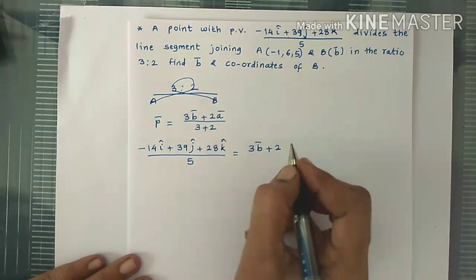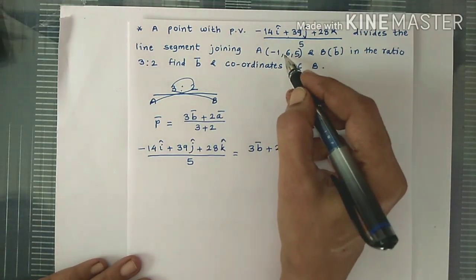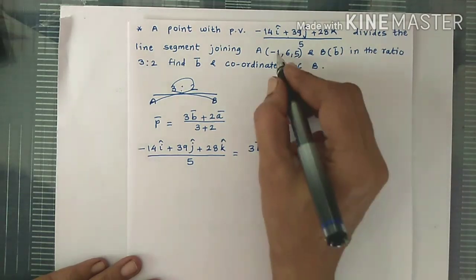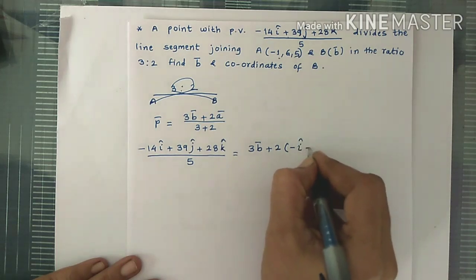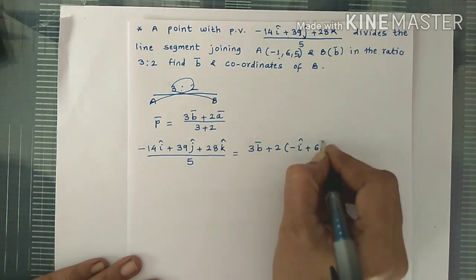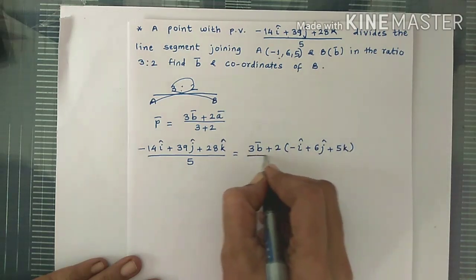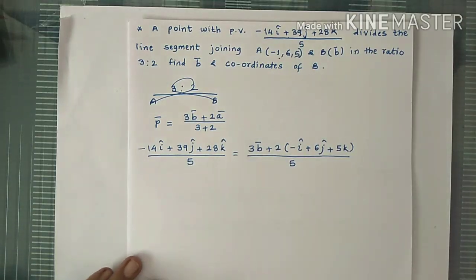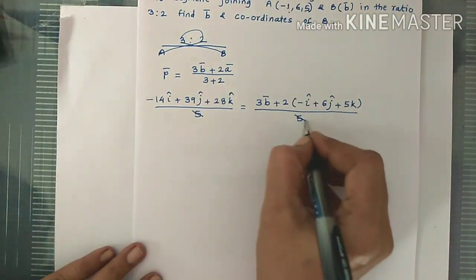A bar is given, as we know the coordinates of A, so we can write the position vector. So it is minus i plus 6j plus 5k. So minus i plus 6j plus 5k upon 5. We have to find out b bar. So we can cancel this 5.